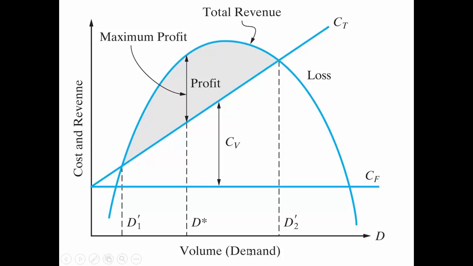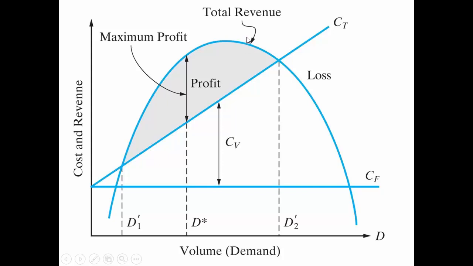So your costs exceed your revenues, and the reason why, you notice that the revenues are starting to go down even though we're selling more, because we're decreasing the price in order to get those additional sales numbers. So we're not charging enough.